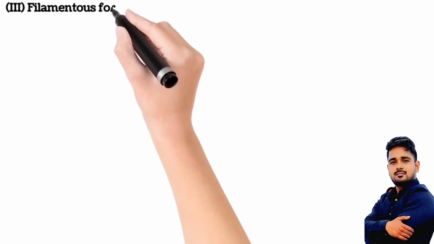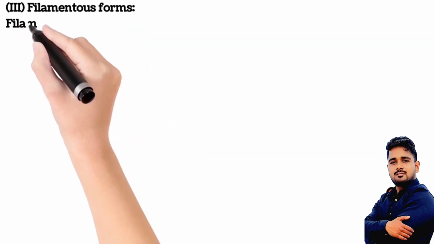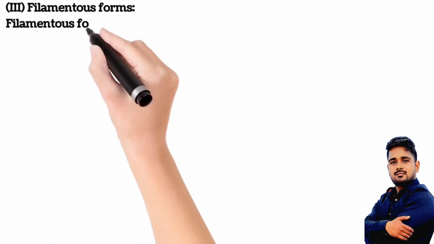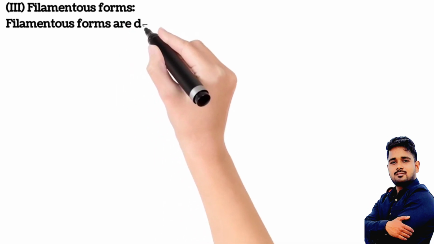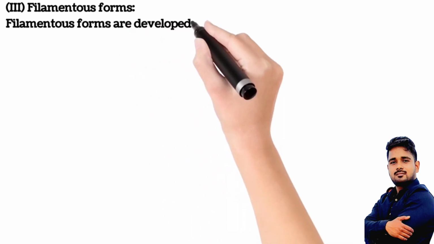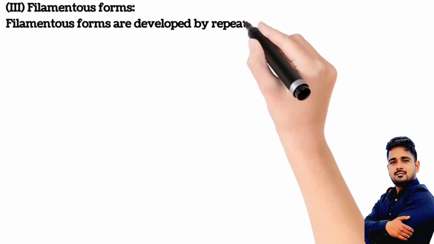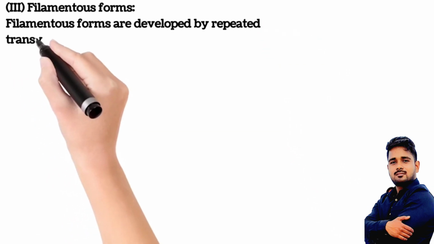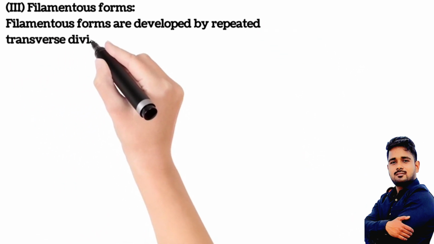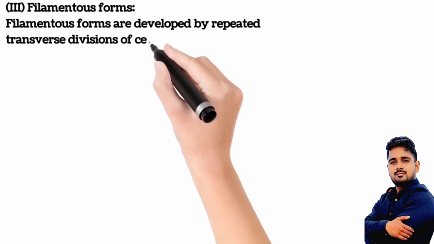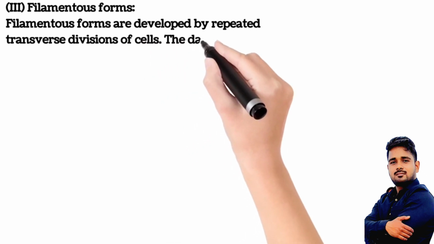Third, filamentous forms. Filamentous forms are developed by repeated transverse division of cells.